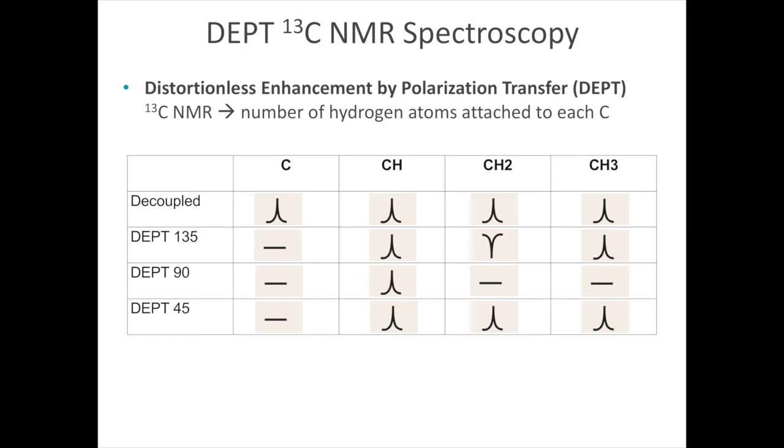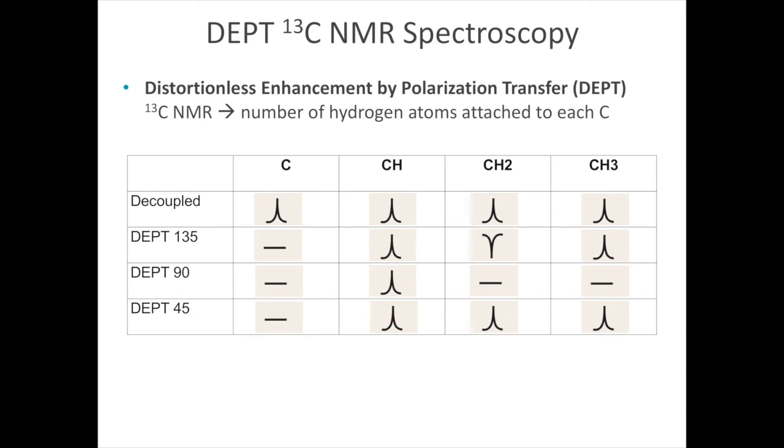It's called DEPT NMR, which stands for distortionless enhancement by polarization transfer. And again, it will tell you the number of hydrogen atoms attached to each carbon. In this technique, the first thing you do is just take a normal decoupled spectrum. This spectrum will tell you how many peaks you would have in that compound.